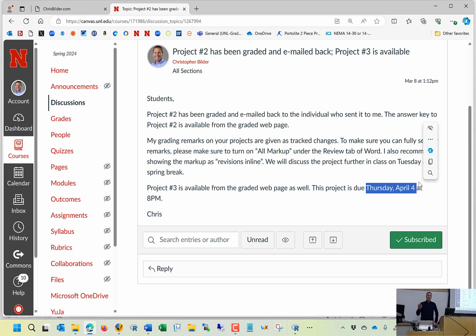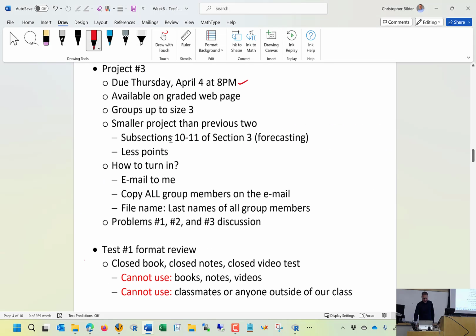Now we can, even though on the schedule webpage I had it indicated the discussion on the wrong date, we can talk about it. I understand you're not going to be interested in starting the project before test number 1 coming up, because after all, the stuff that is on this project will not be on test number 1.